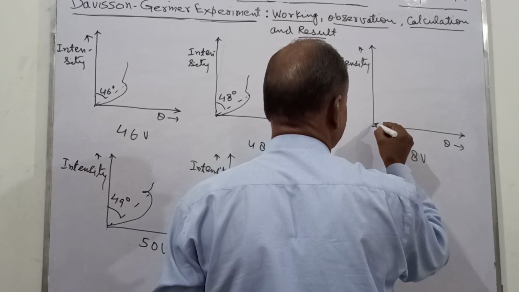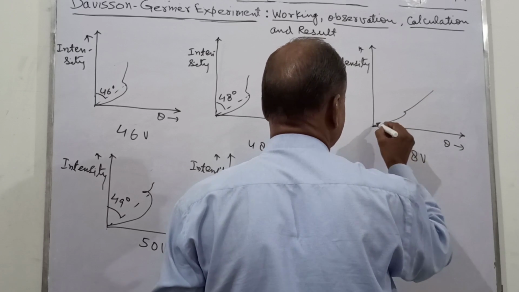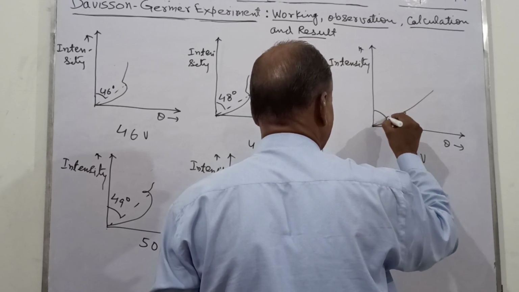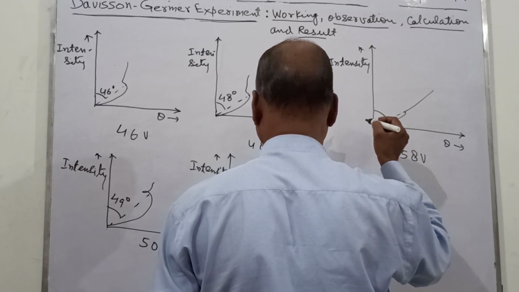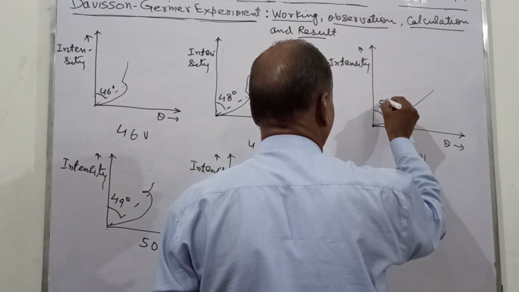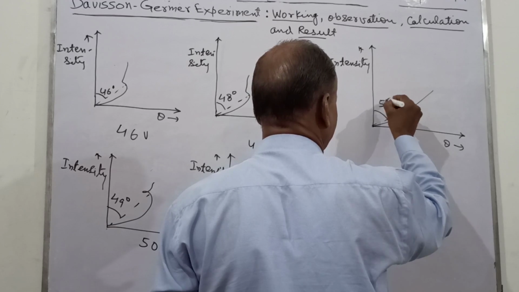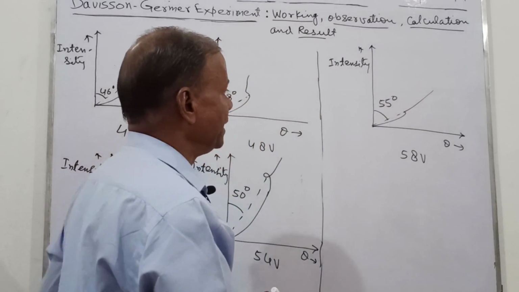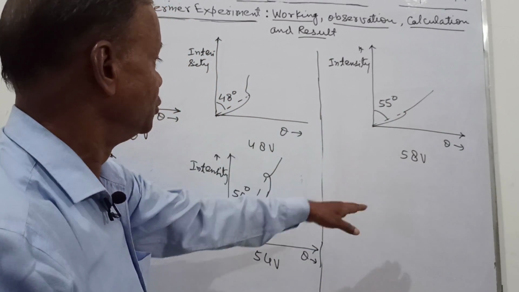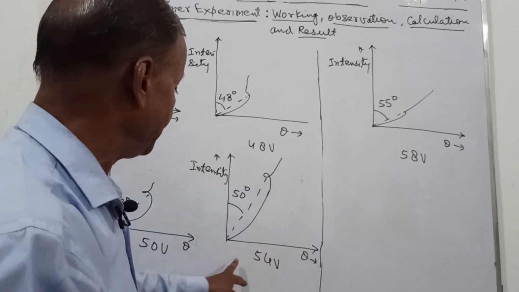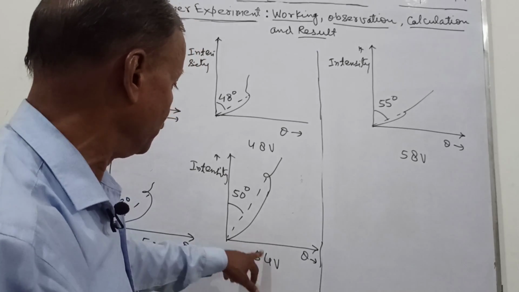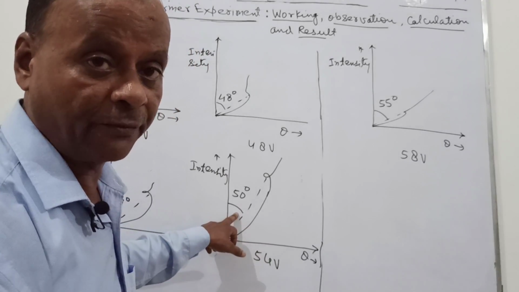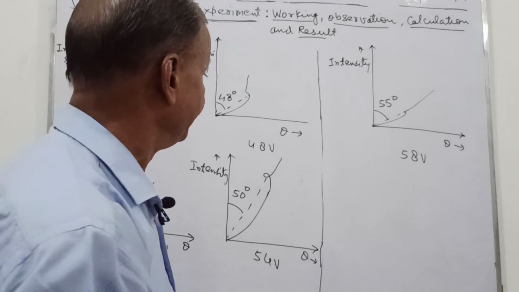Then the graph is like this, and this angle is somewhat larger, about 54, 55 degree. Like this we are getting the graphs. So we can see that the larger peak occurs for the accelerating voltage of 54 volt and for the angle of diffraction of 50 degree.